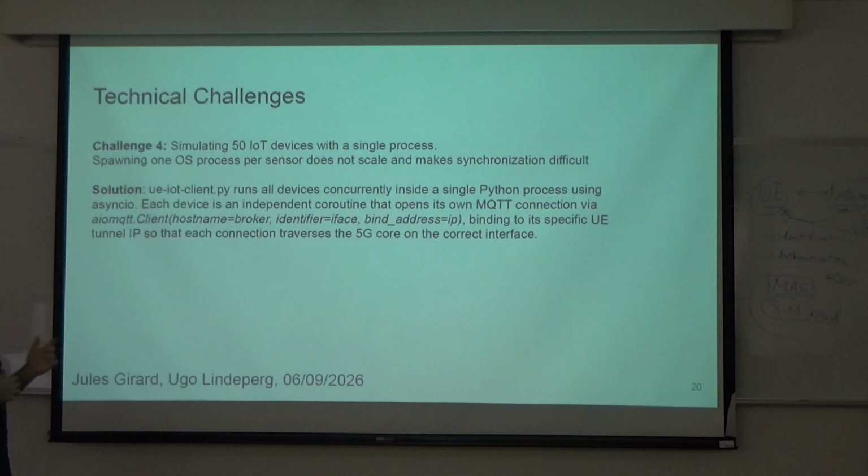And the last problem was because we had, as I said, 50 subscribers. To simulate all of the subscribers, because they are all IoT sensors, with just a single process, we can't do it because it takes too much performance and will just crash.